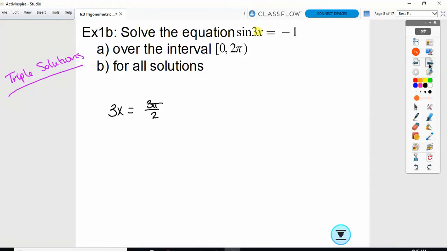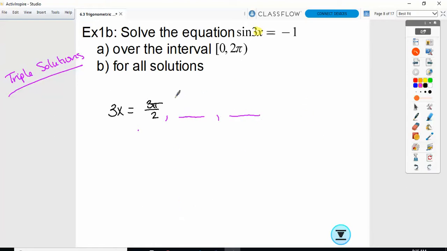When we do this, I know I have triple the solutions. So to get the other solutions, we're just going to add 2 pi to this. We have 1, and if I need triple that, 1 times 3 means I need 3 total answers.